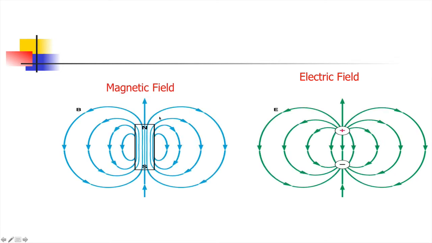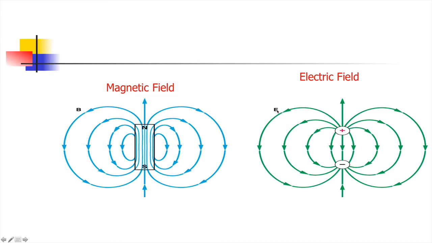So we already talked about magnetic field. If you have a magnet, its magnetic field runs from north to south. And if you have two charges close to each other, their electric field normally runs from the positive to the negative charge. Okay, so we represented electric field and we did examples.